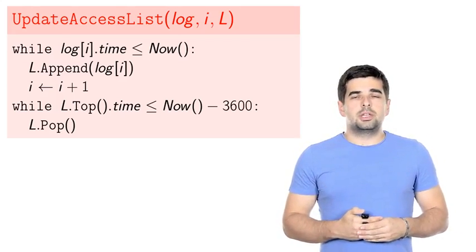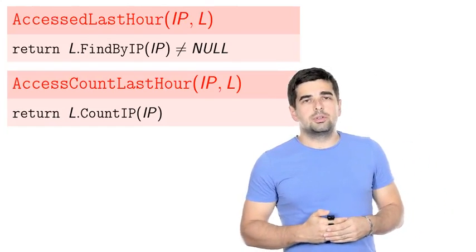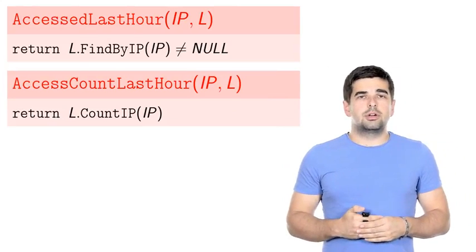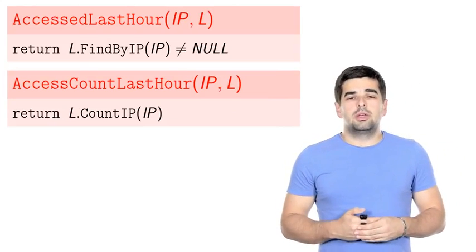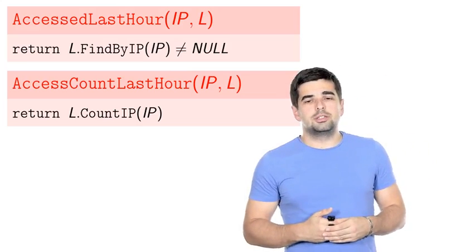So this is pretty simple, and now we need to answer questions like whether my IP address was used during the last hour to access the service and how many times. To answer the first one, we just need to find out whether there is an element in our list with the given IP address.